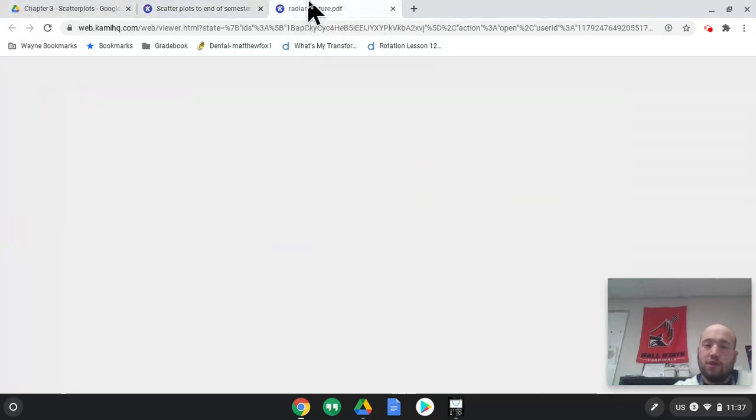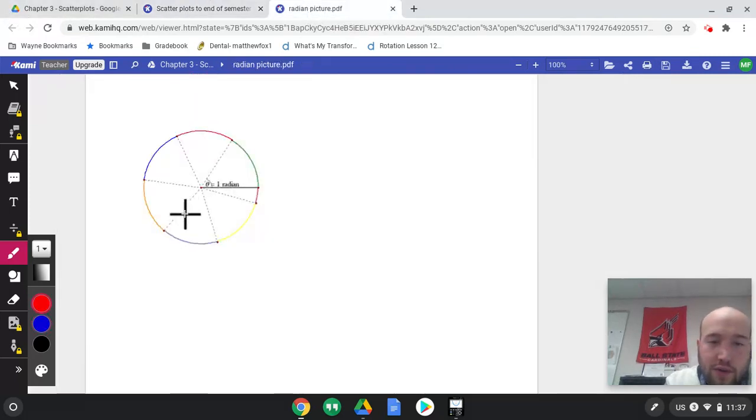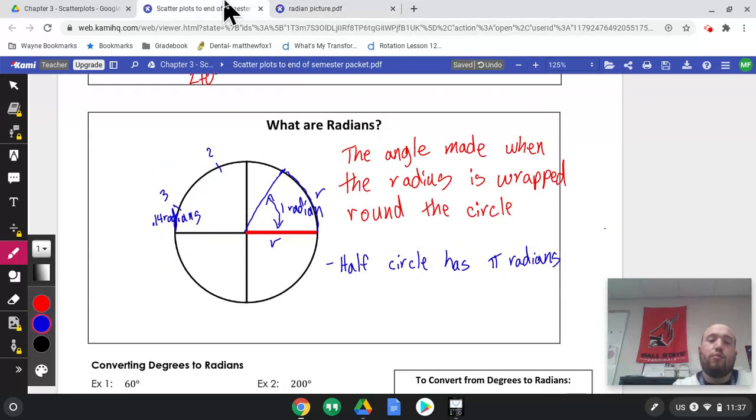So we know what pi is, 3.14. If this would extend over, it's 1 radian, 2 radians, 3 radians, just a little bit more. So for the whole circle, it's 1, 2, 3, 4, 5, 6, plus that little bit, it would be 2 pi radians.